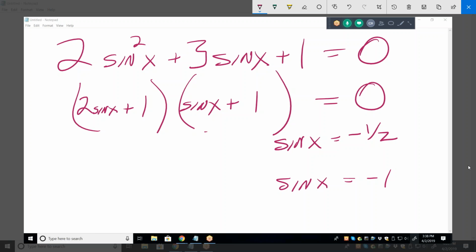So where is that? What angles? 210 and 330. And the bottom one? 270.